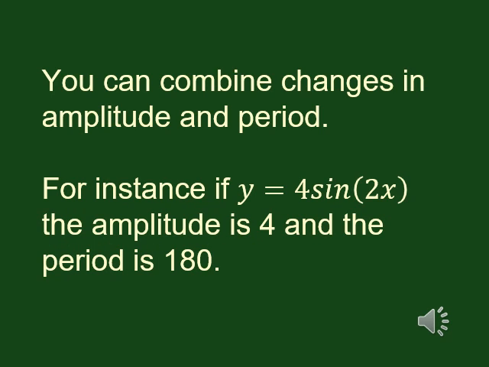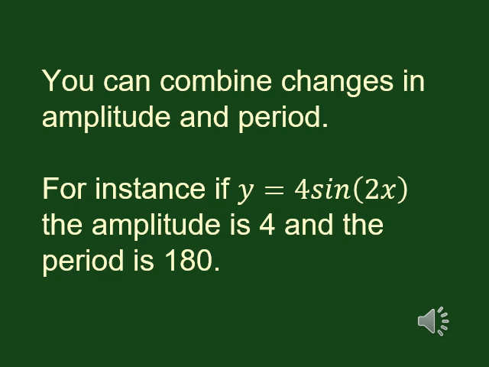You will often see changes in period and amplitude combined in the same problem. Like here, it's saying we have y equals 4 sine of 2x. And of course, this means that we're going to have an amplitude of 4. It's going to be stretched out as high as 4 and as low as -4.